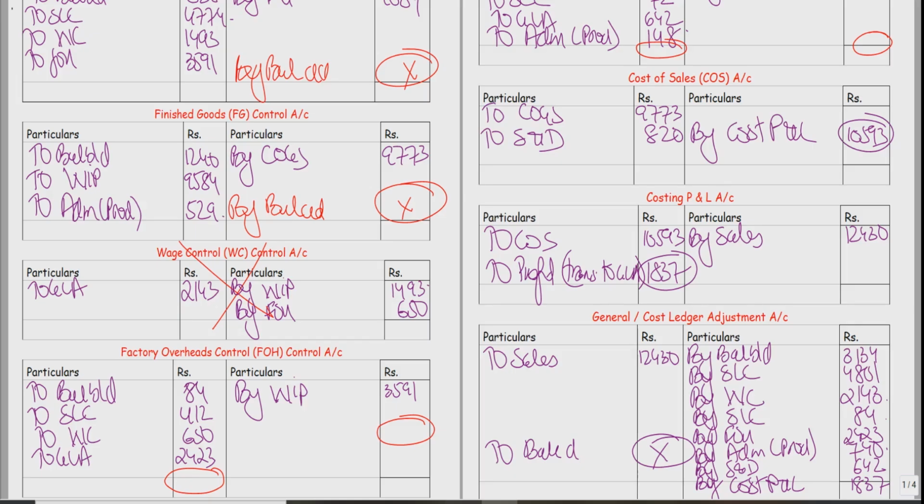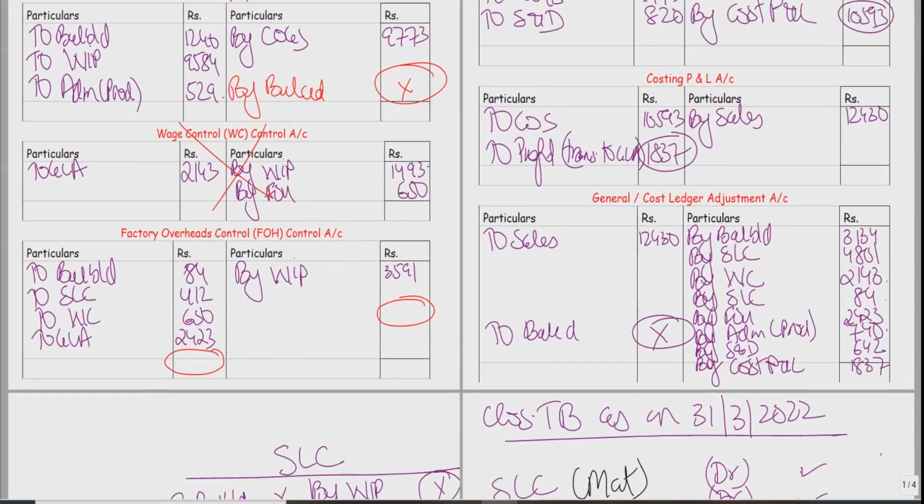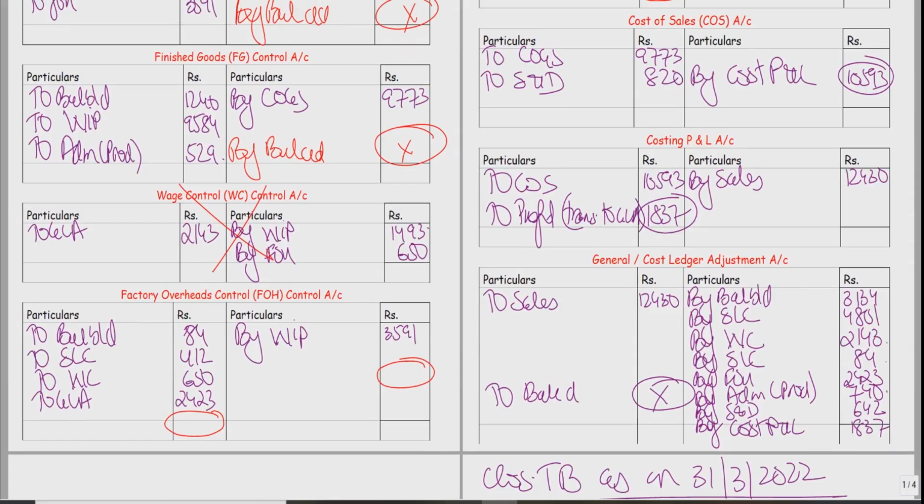The closing trial balance will be made in exactly the same manner as the opening trial balance, but obviously the date is 31st of March 2022, please. Make it and tell me the closing balances of all the things, please. Tell me the balances, please.